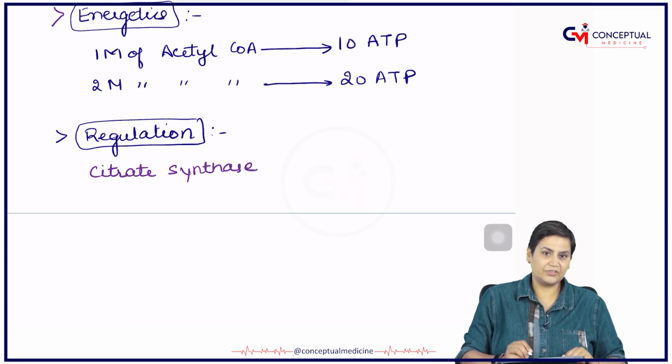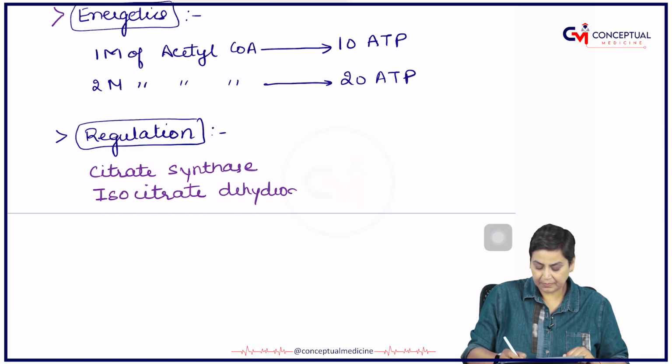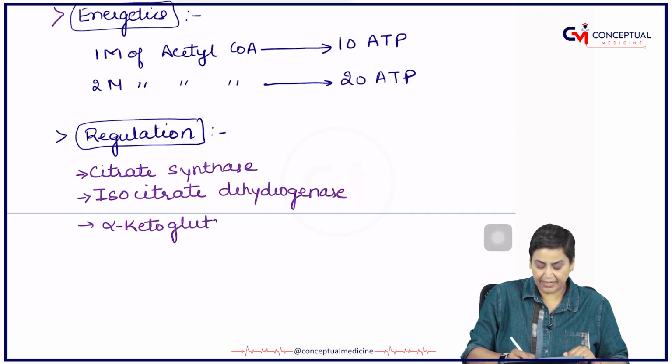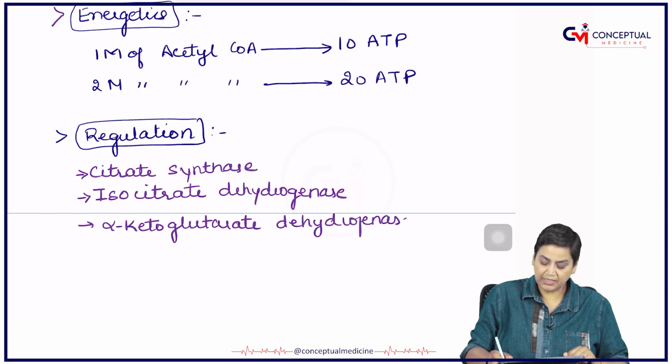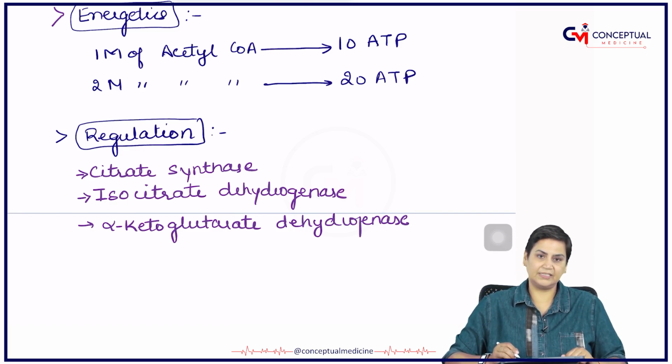Second enzyme is isocitrate dehydrogenase, and the third enzyme, which is again an example of a multi-enzyme complex, is alpha-ketoglutarate dehydrogenase. So these are the three regulatory enzymes of the TCA cycle.